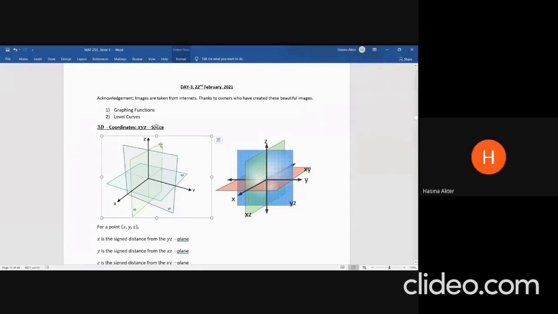If we talk about this green and this blue plane, then this green plane is denoted by XZ, and this blue one is denoted by YZ, and the line which is the intersection, the common line of these two planes, is denoted by the Z axis. Is this clear to everyone?